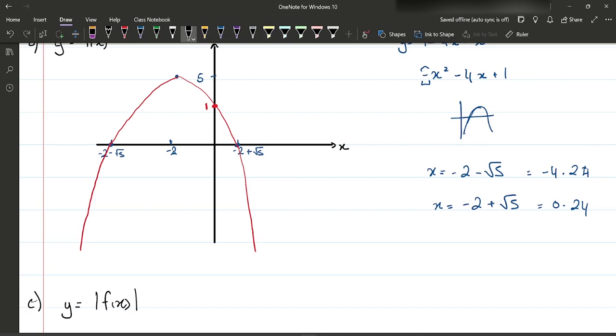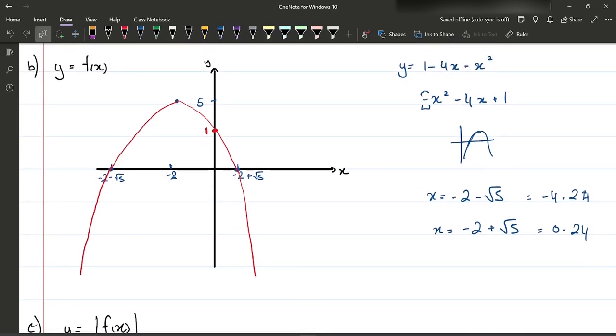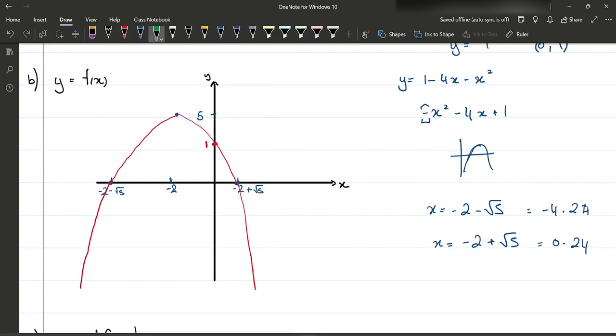Pretty easy. I'll just use the same grid here to show what's really happening. So what you have to do is either redraw the graph, or take the negative values of the curve and simply turn them positive. Like that, and that's it.